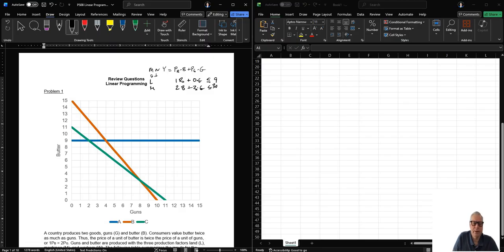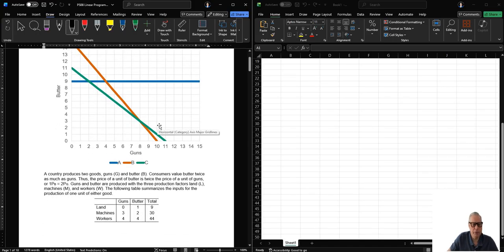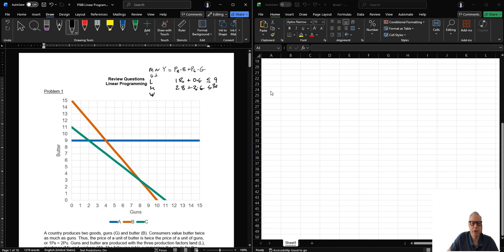And then the final constraint is the workers. We have a total of 44, and the production of each requires 4. So we can write 4 for butter plus 4 for each gun, and we have less than or equal to 44. Okay, so this would be the problem formalized.